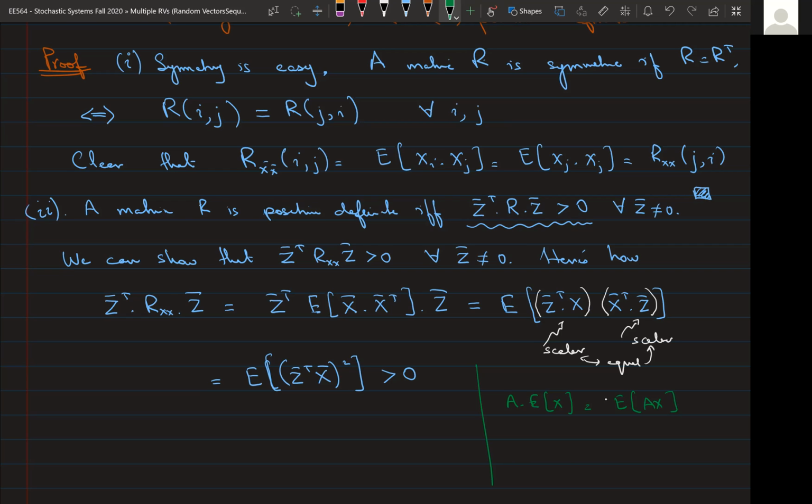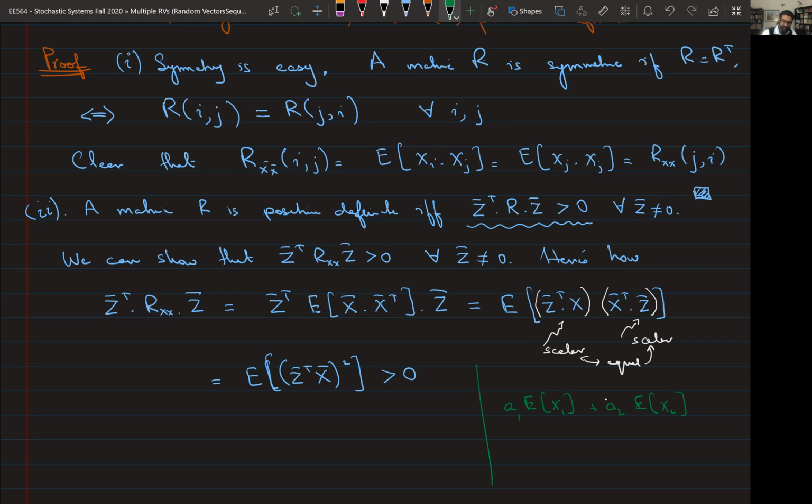Okay, sir. If I give you a very simple toy example: the expected value of a1 times x1 plus a2 times x2, which is a1 times the expected value of x1 plus a2 times the expected value of x2.